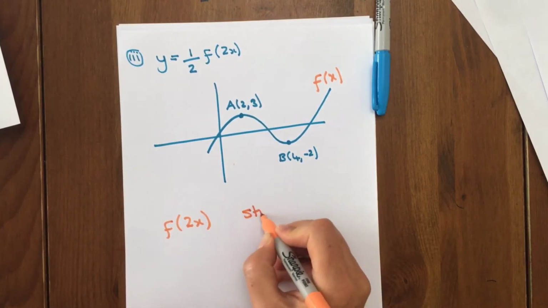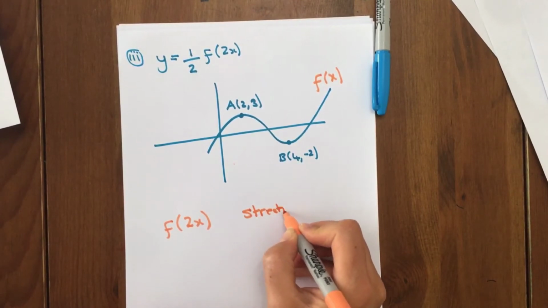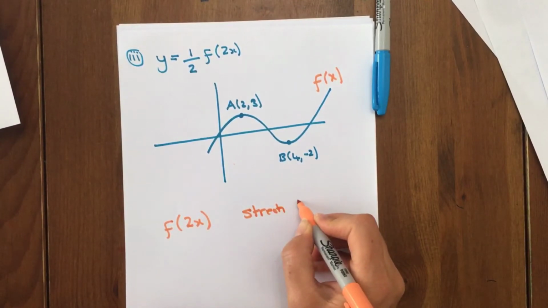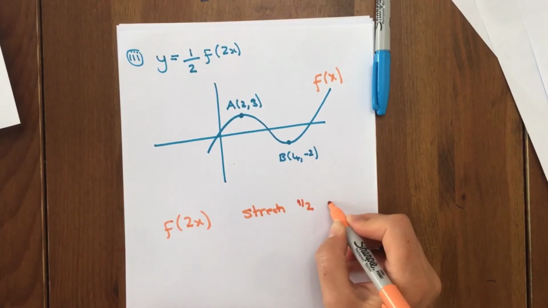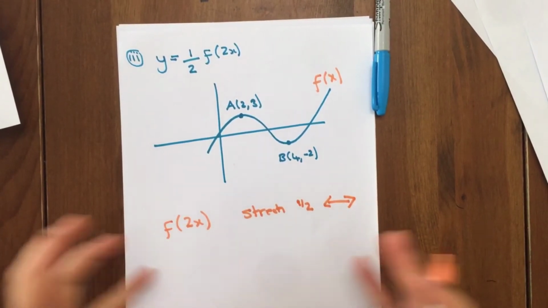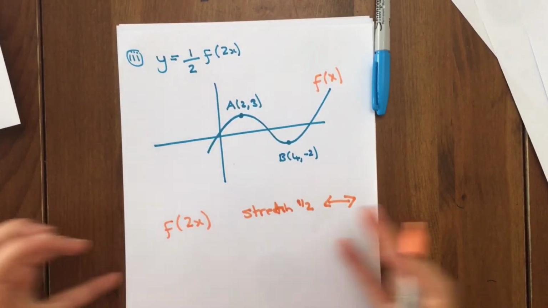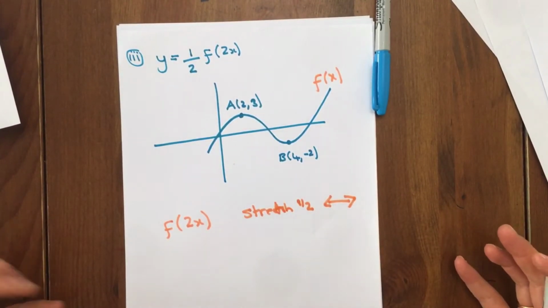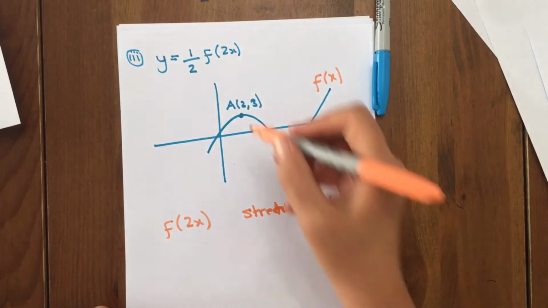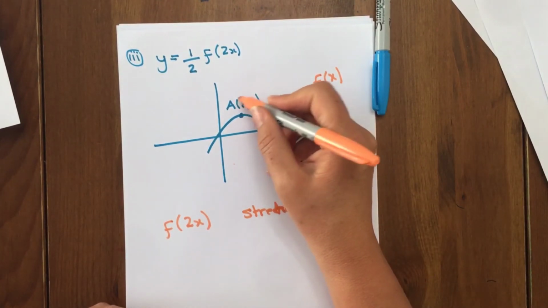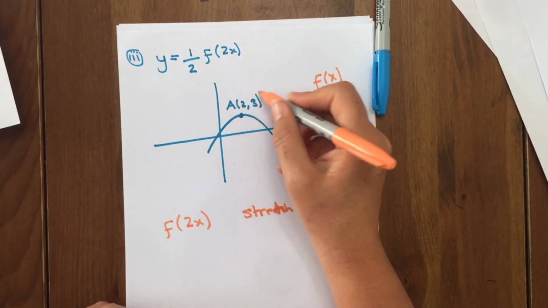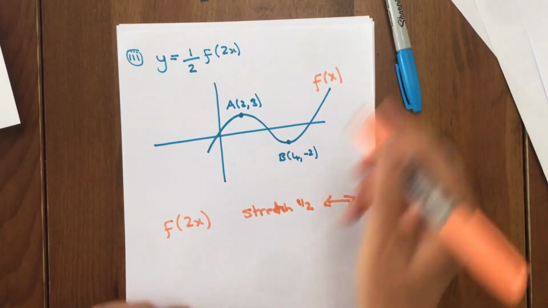So this is a stretch of scale factor 1/2 horizontally. So what happens is my x values are divided by 2 and my y values stay the same.